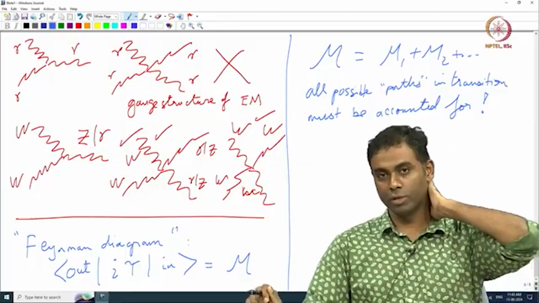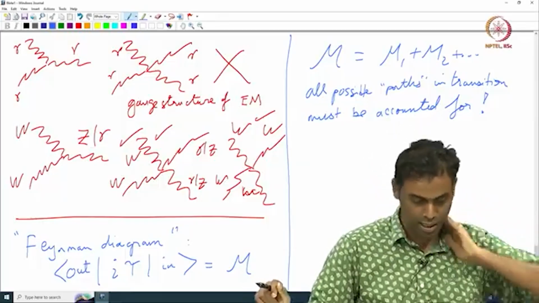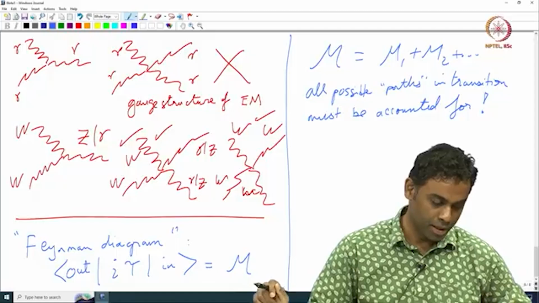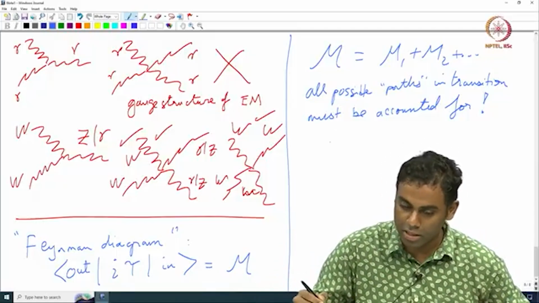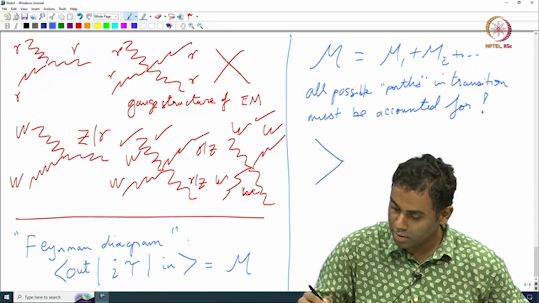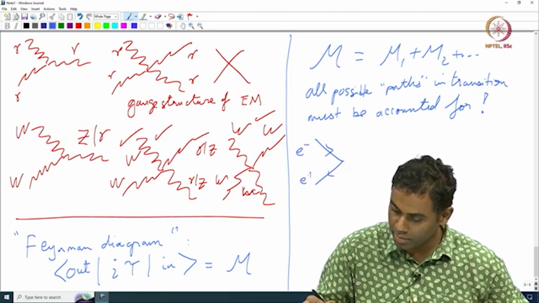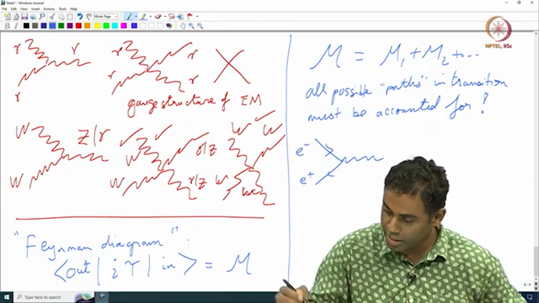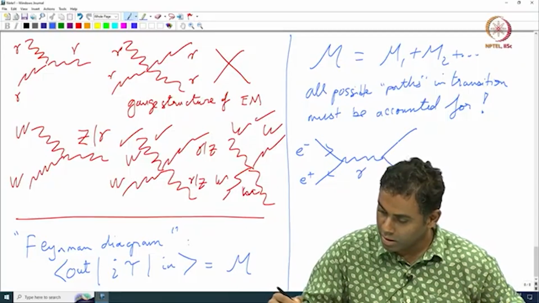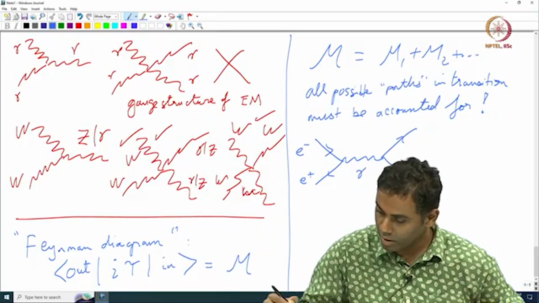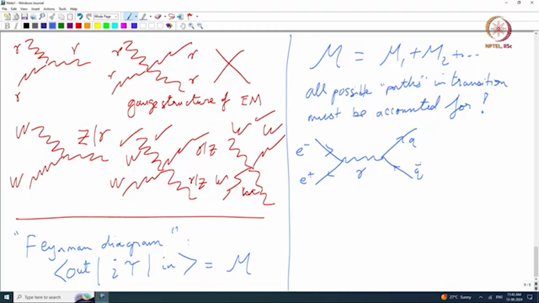One mistake that a lot of students make about Feynman diagrams is that, let me draw a Feynman diagram to illustrate what I mean. Let us take the process that I just talked about, e minus, e plus, and then let me exchange a photon, and I have a quark and an antiquark.